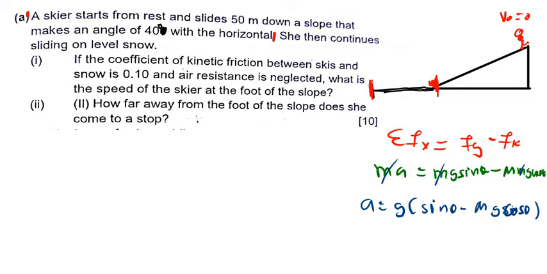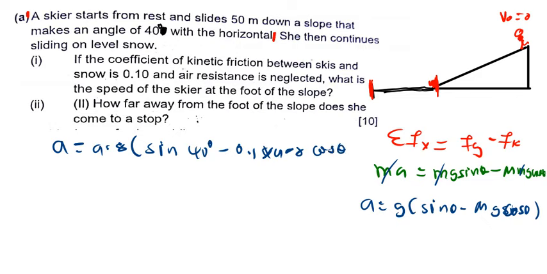I can now plug in the values. a will be equal to g is 9.8, sine the angle is 40 degrees, minus mu is 0.1 times 9.8, then cos theta. You need to be careful when punching on your calculator.